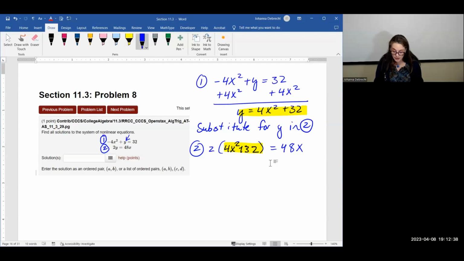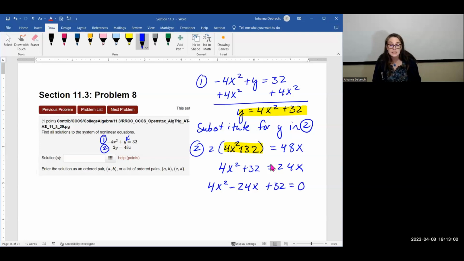Then I need to multiply this out, or I could divide both sides by 2. That might make it a little easier. And I get 4x squared plus 32 equals 24x. I need to move the 24x to the left, and I get 4x squared minus 24x plus 32 equals 0 in descending order. Then they're all divisible by 4, so I can divide each term by 4.